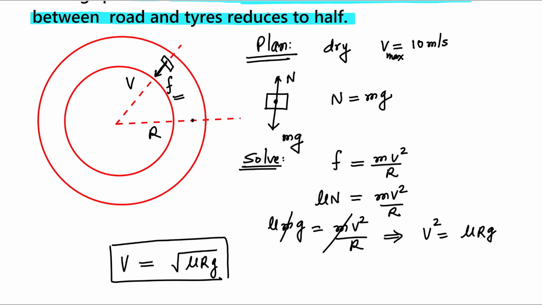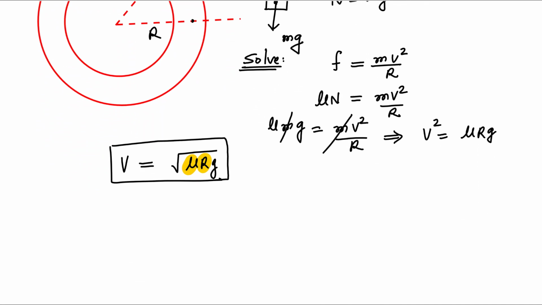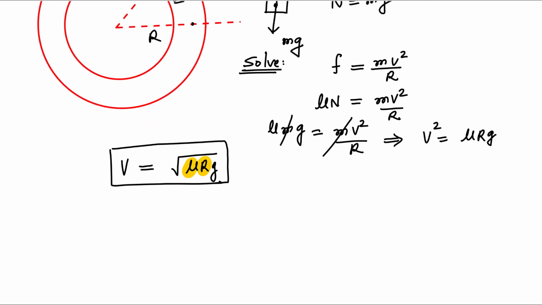This is the design speed for this track, and it depends upon the friction coefficient, that is the mu value, and upon the radius of the circular track. Now this is for the dry case. When the day is dry, let's say the maximum permitted speed is v max, then v max equals square root of mu rg.